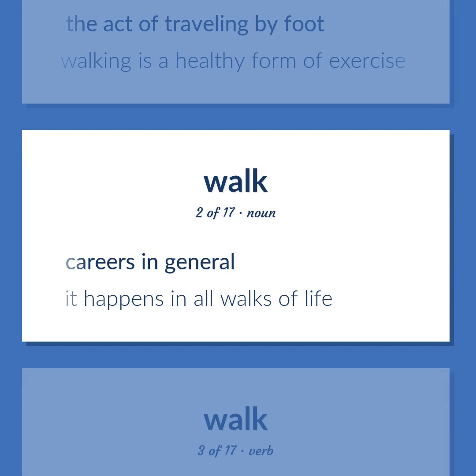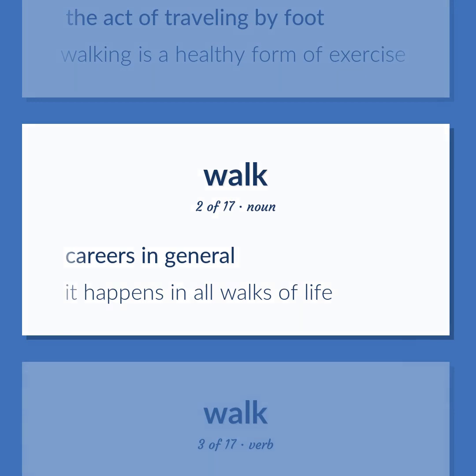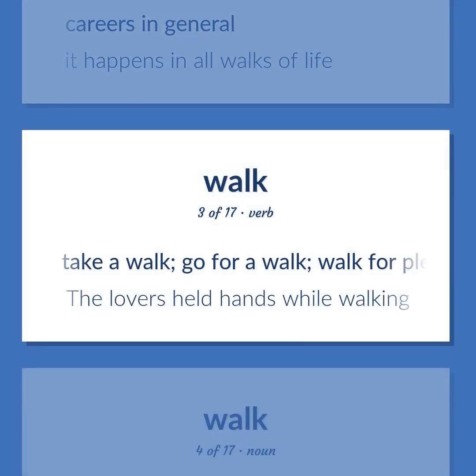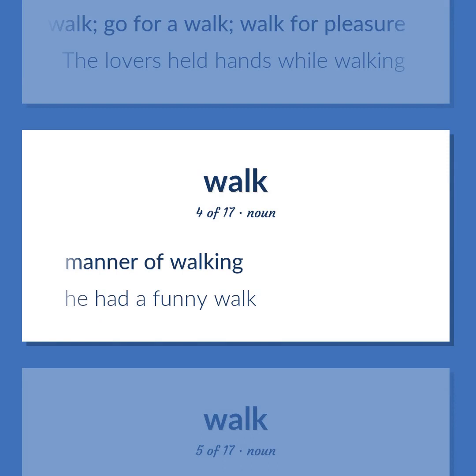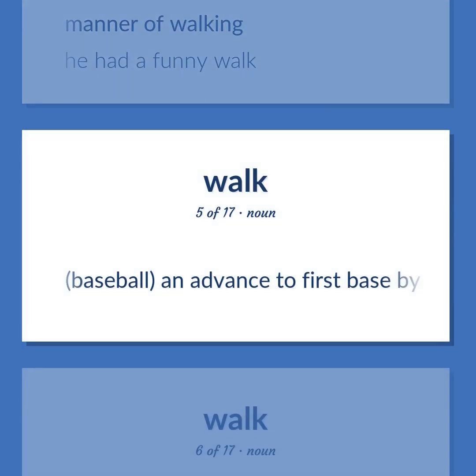It happens in all walks of life. Take a walk. Go for a walk. Walk for pleasure. The lovers held hands while walking. Manner of walking. He had a funny walk. Baseball. An advance to first base by a batter who receives 4 balls.